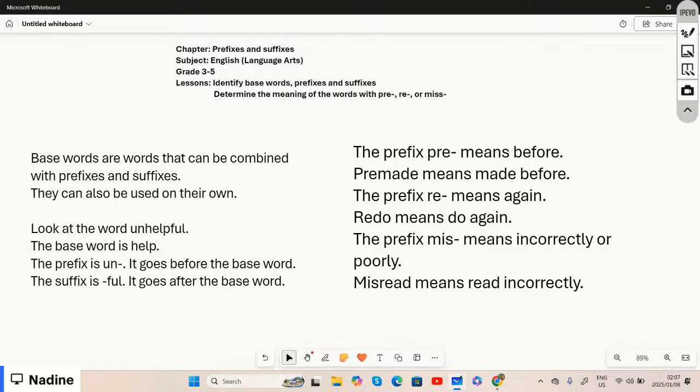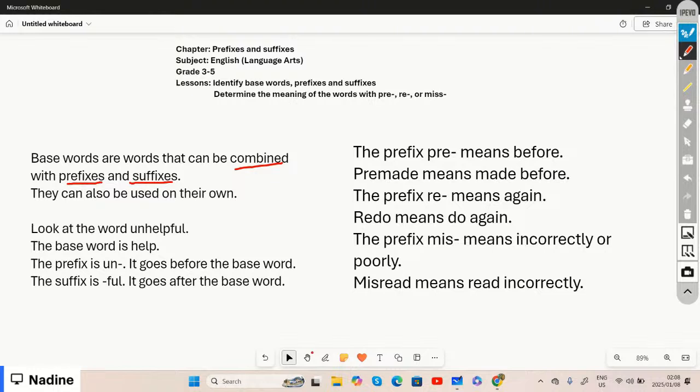With the base word, we can also combine prefixes and suffixes. A prefix is a word that you add in front or at the beginning of a base word.